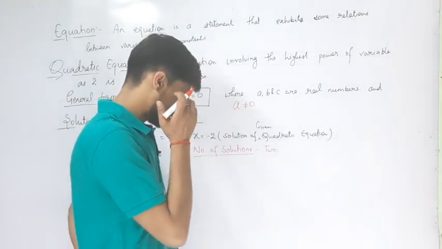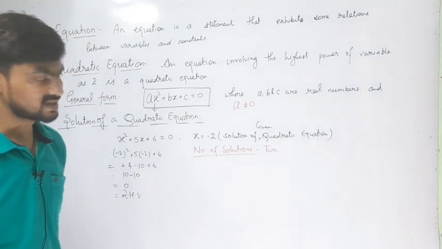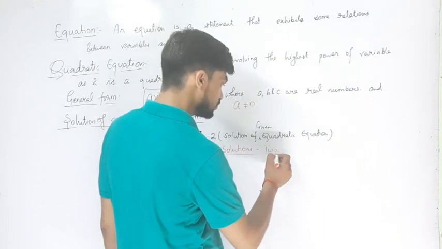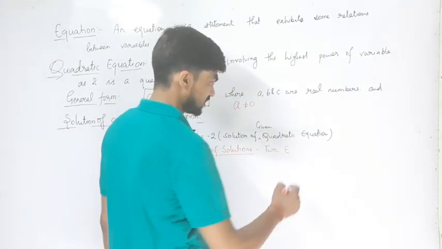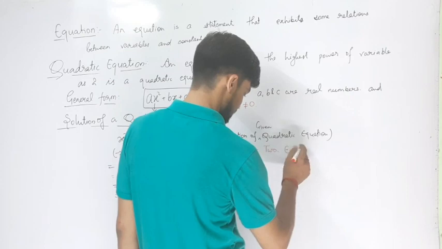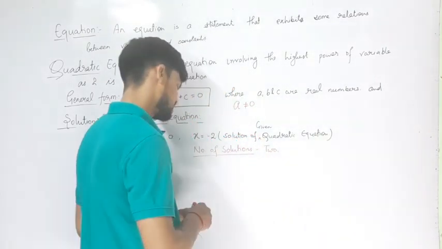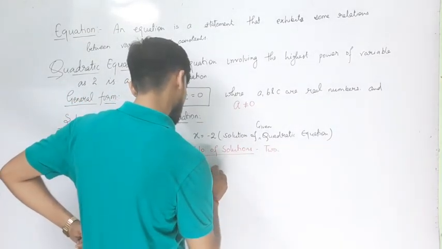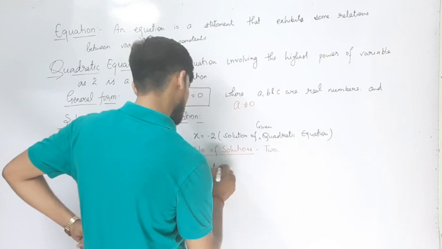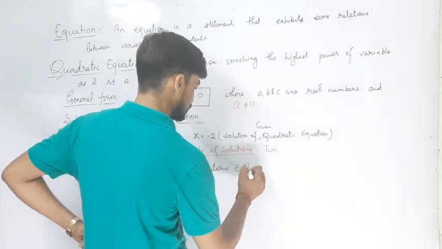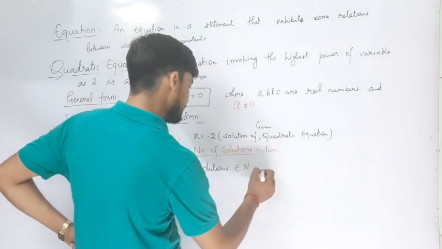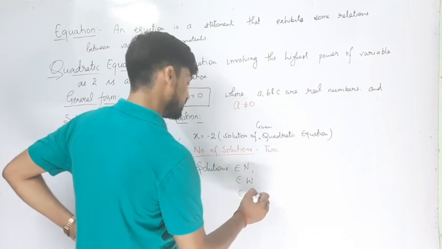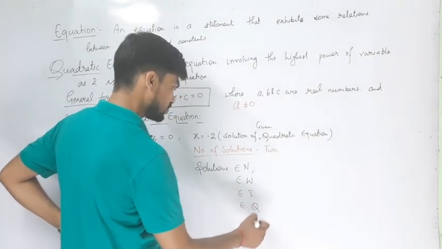Now my dear students, these two solutions can belong to either, I write in sentence form, that the solutions may belong to the natural number set, may belong to the whole number set, may belong to integers, may belong to rationals.